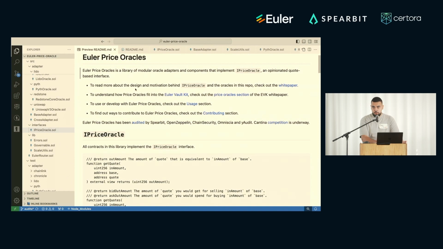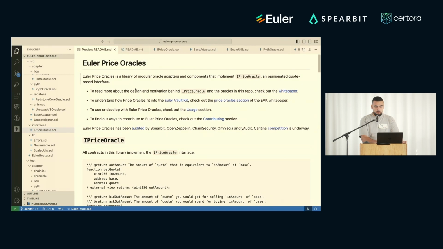We also have a white paper, which is going to be a more technical deep dive into both design and implementation of these price oracles. And then also check out the EVK white paper, because it's going to give you an idea of how this code base fits in to the wider stage of the EVK.